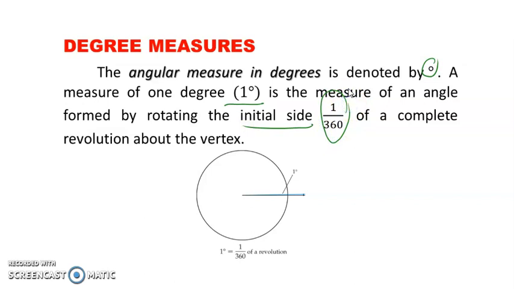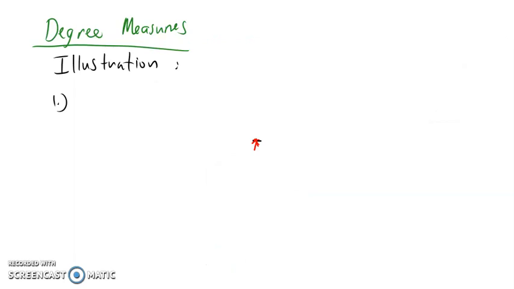The figure below shows the measure of an angle in terms of degrees. Imagine that we cut an angle that forms a complete revolution into 360 equal parts. Each part corresponds to 1 degree.